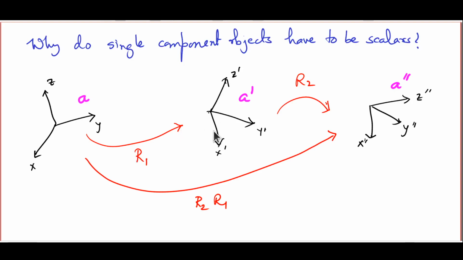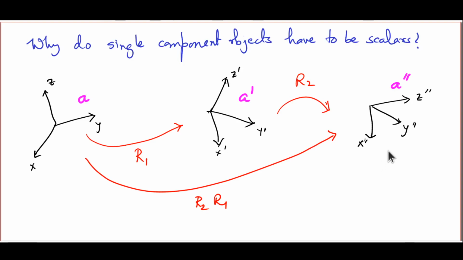Our coordinate system changes to x prime, y prime, z prime, and the value as measured in this coordinate system of that number describing my object is a prime. We follow this up with another rotation labeled r2, which takes us to this x double prime, y double prime, z double prime coordinate system, and the number has changed now to a double prime.